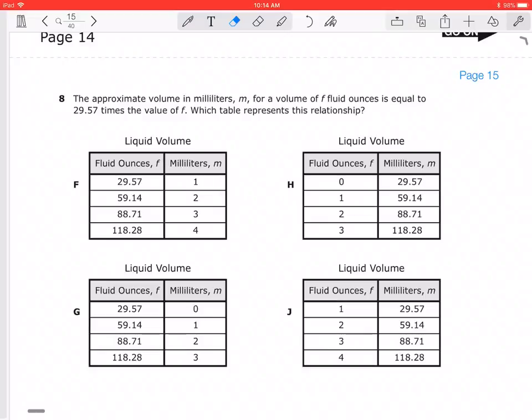So this problem's a little tricky. It says the approximate volume in milliliters, M, for a volume of F fluid ounces is equal to 29.57 times the value of F. And then it says which table represents the relationship. Well, in reality, we're not really looking at what volume is.